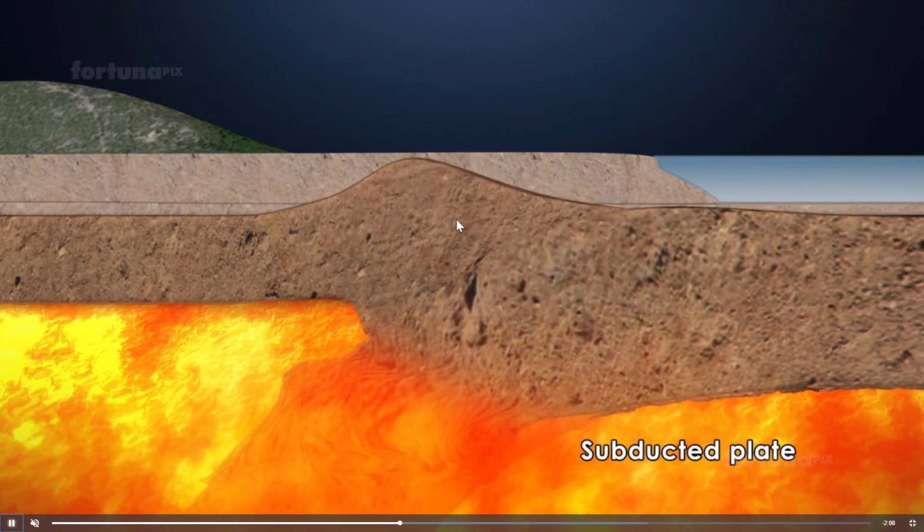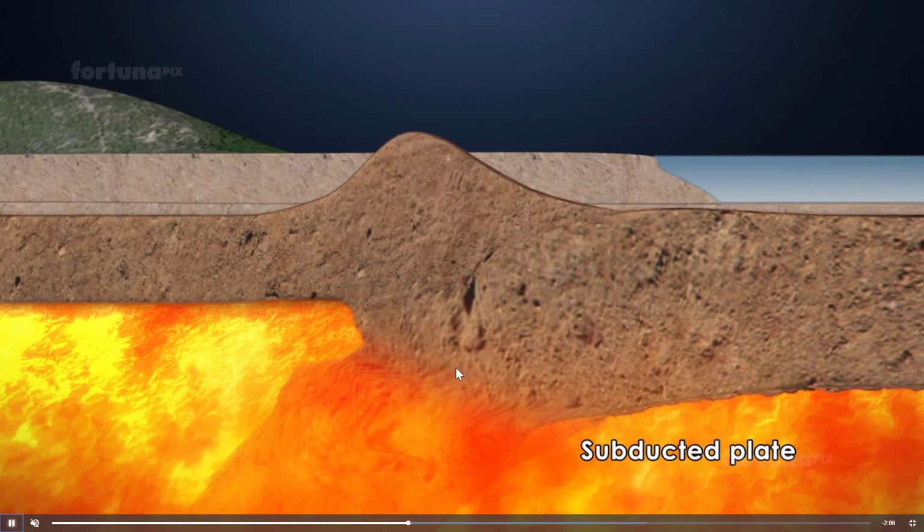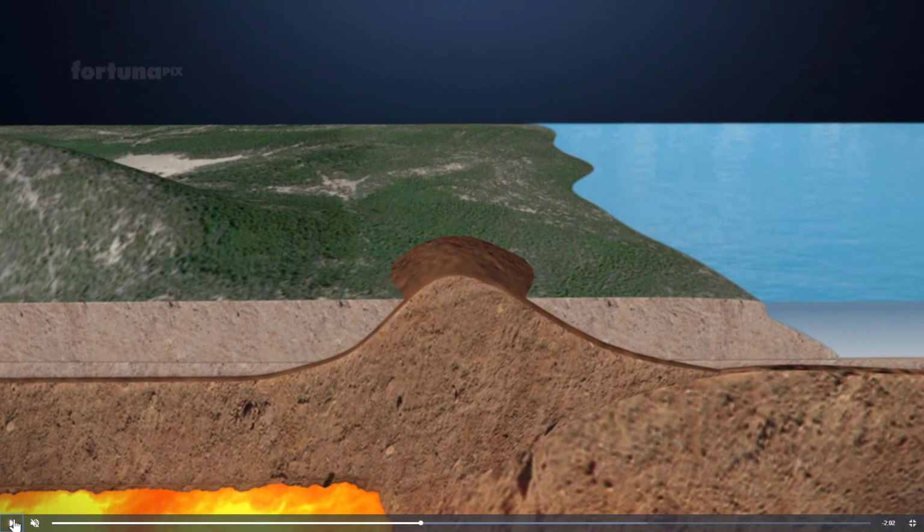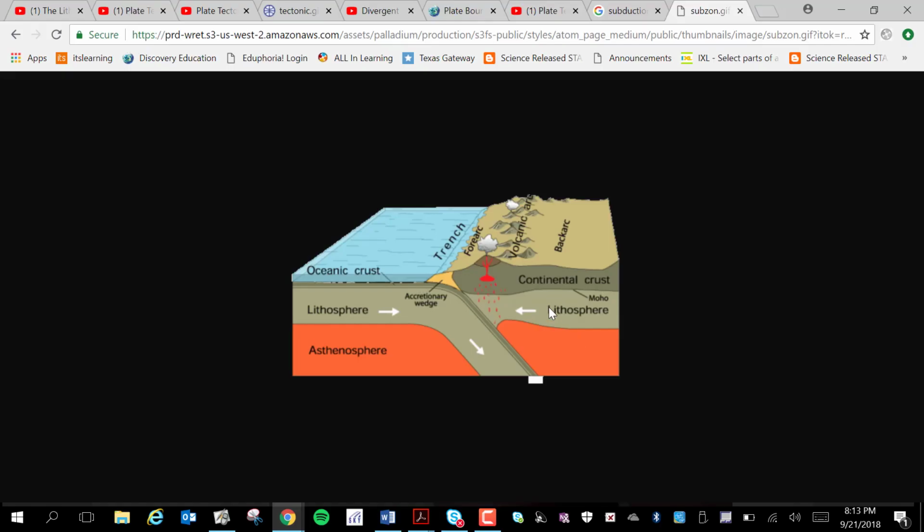And that is called a subduction zone. Okay, so where it starts to sink, it subducts. And if you can remember in class when we talked about subduction zones, that is where the one plate sinks or subducts below the other. And in our subduction zone, the crust is recycled or destroyed as it melts back into magma in the asthenosphere.